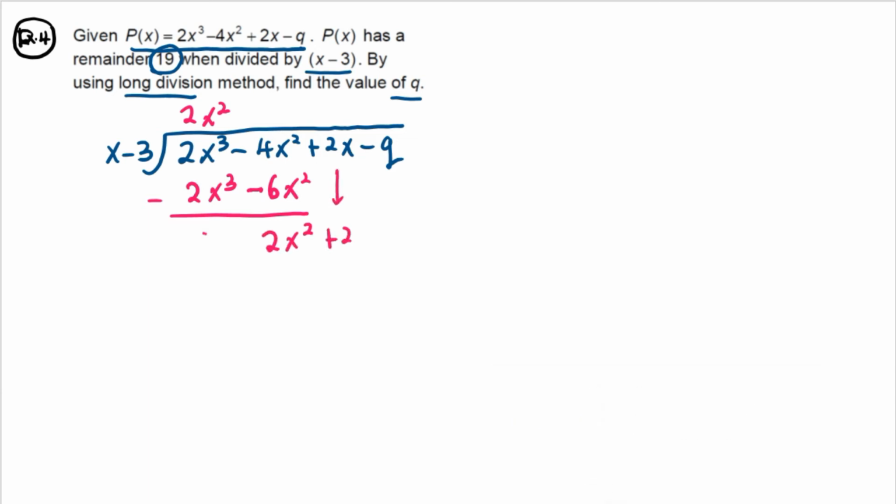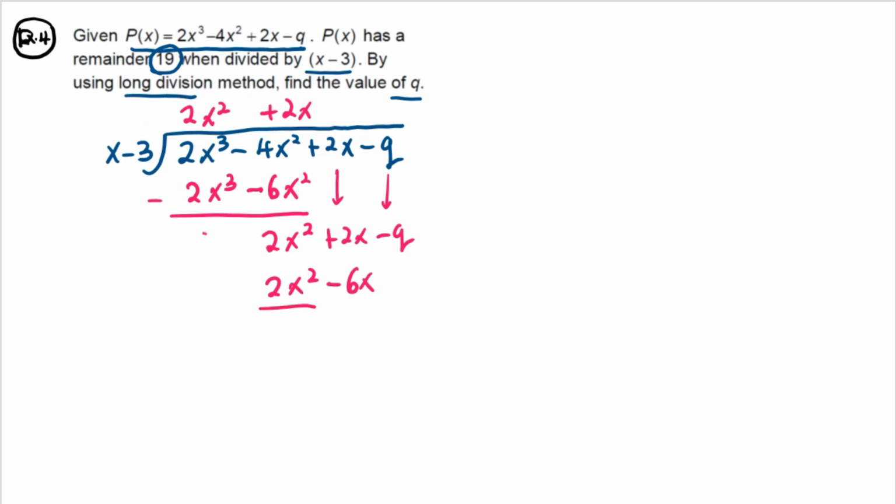I bring down this 2 plus 2x, I bring down minus q here. Now I want to divide 2x squared with x, so I'll have plus 2x. Now I want to multiply back, therefore this will become 2x squared, and that one will become minus 6x.